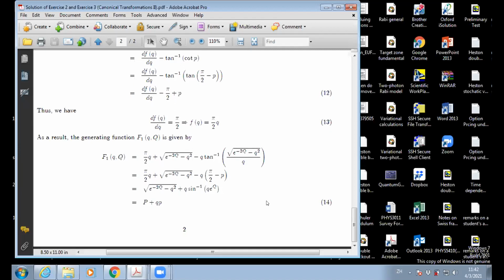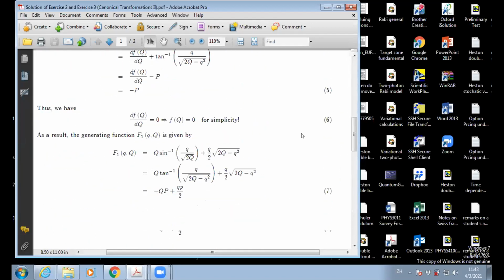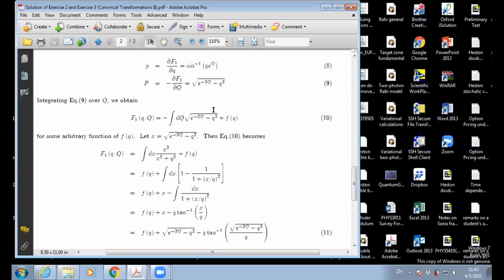And then we realize this arctangent is equal to pi over 2 minus p. We just put back the definitions from above.